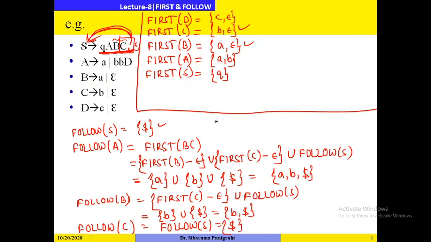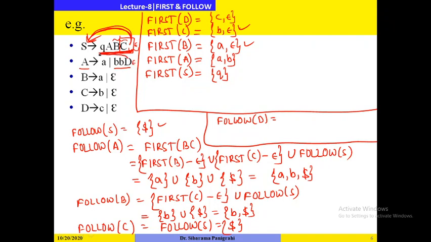Right. Now let me compute the follow of D. So let me compute it over here. Follow of D means I have to look at the production whose right hand side contains D. So there is a production A gives B, B, D. So D appears at the end. So after that what you have? You have epsilon. So first of epsilon minus epsilon is phi.